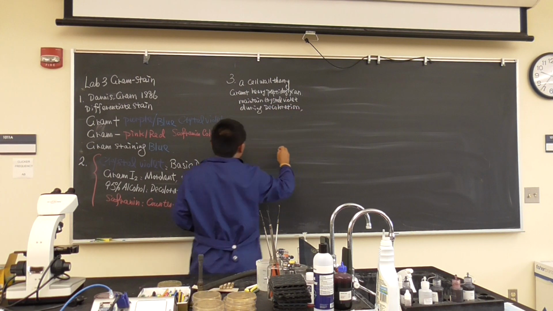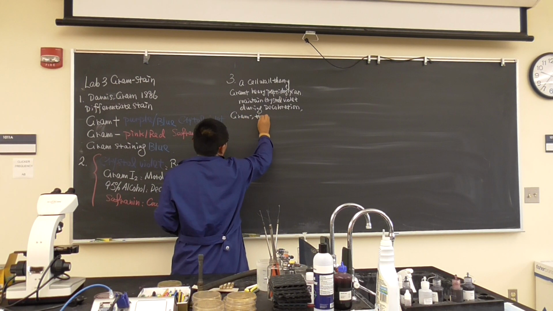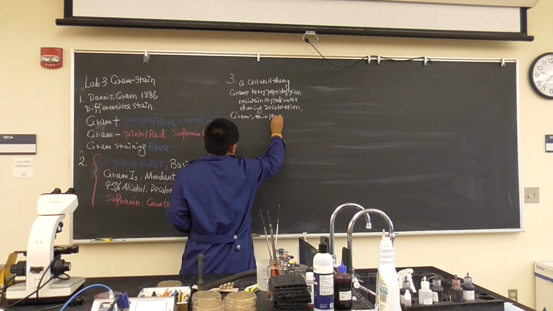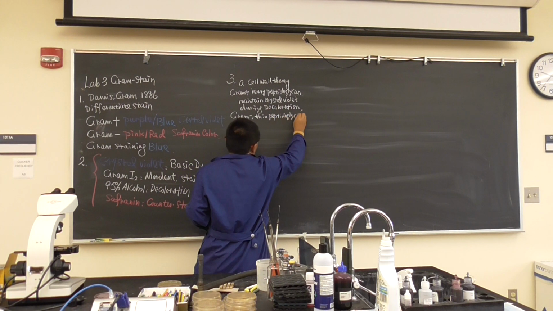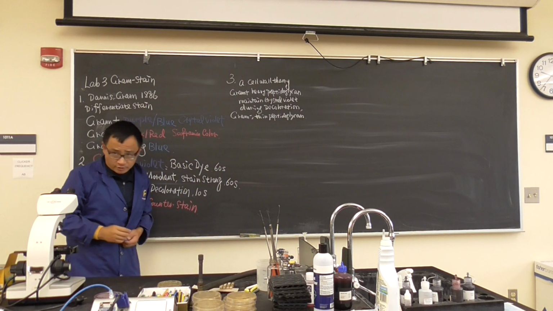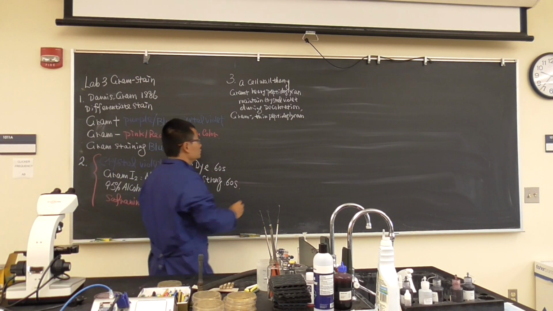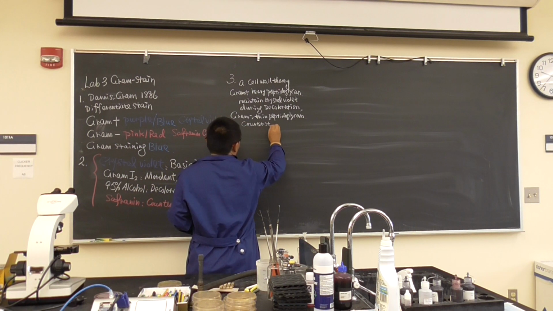In contrast, Gram-negative bacteria have a very thin peptidoglycan layer and therefore cannot hold on to the crystal violet during decoloration, so the counterstain shows a pink color.